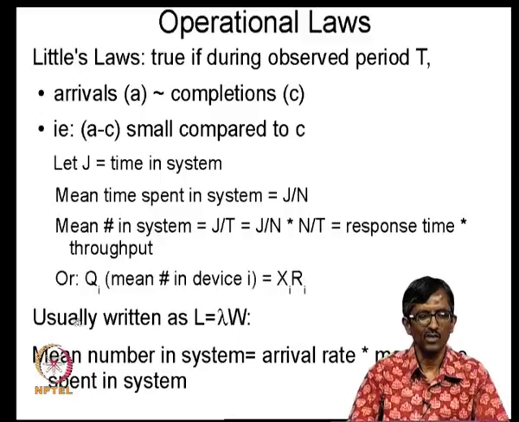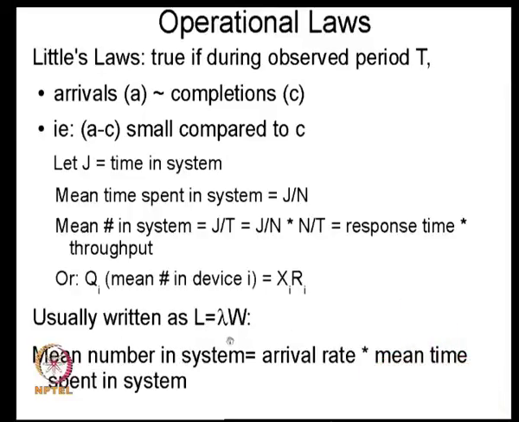Oftentimes this is also written as L equal to lambda W, where L is the mean number in the system, lambda is the arrival rate and W is the mean time spent in the system. You can see here it is talking about response time, here it is talking about arrival rate. If you are in a reasonably stable situation, which is basically arrivals approximately equal completions, then there is some correspondence between response time and arrival rate.